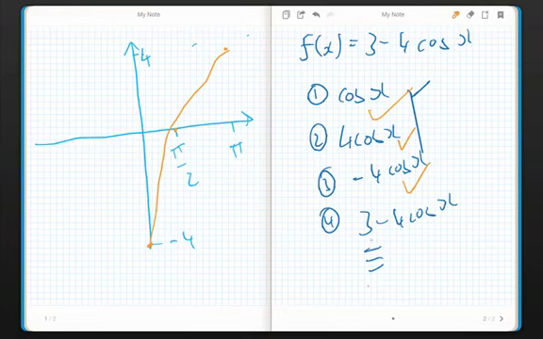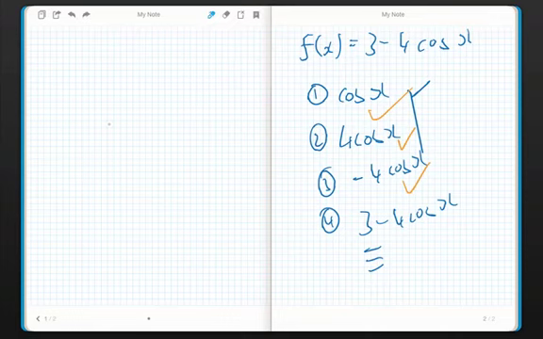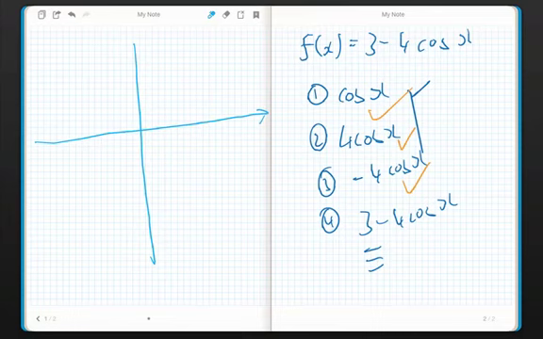So now this is done. Now it's 3 minus 4 cos x. Let me just clear the page. Change the color. Now this is our final graph. So pay attention over here. You have to take the previous graphs and put them together. So if I plot pi by 2 here and pi here, I'm plotting only pi by 2 and pi because the domain says I should.